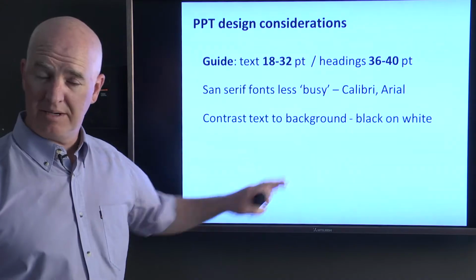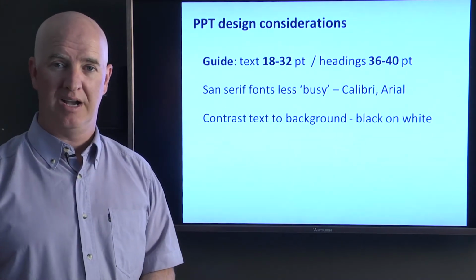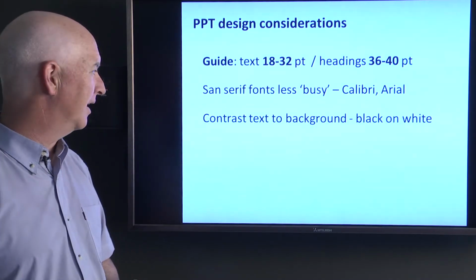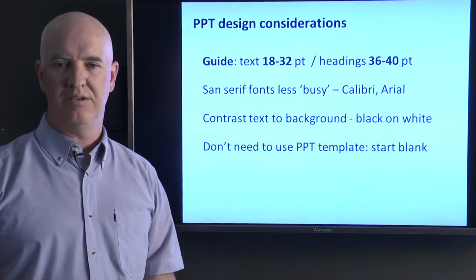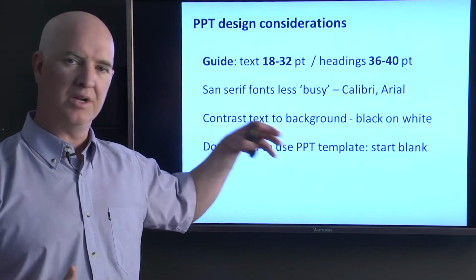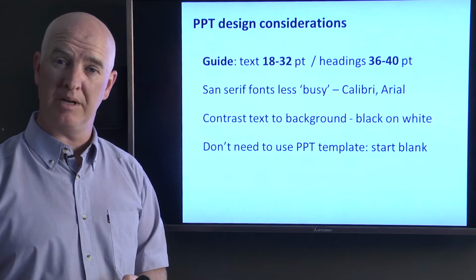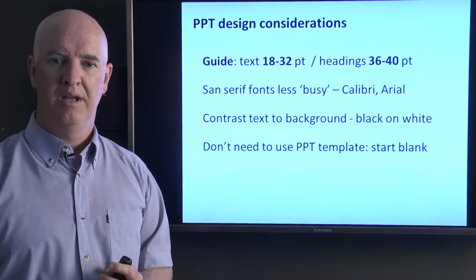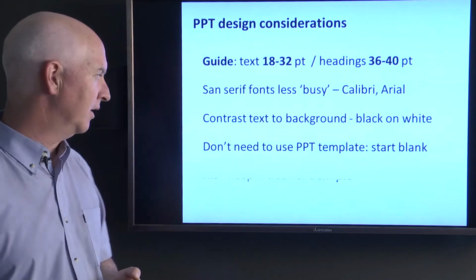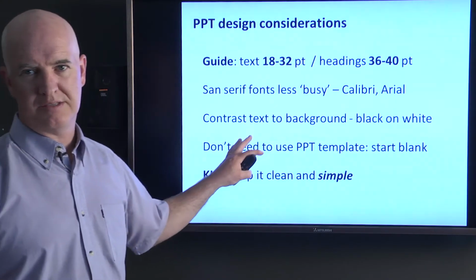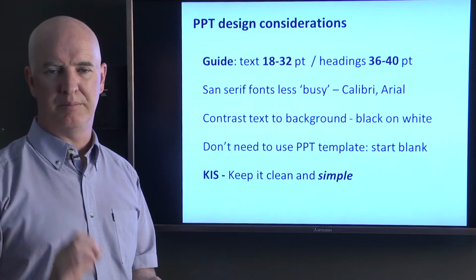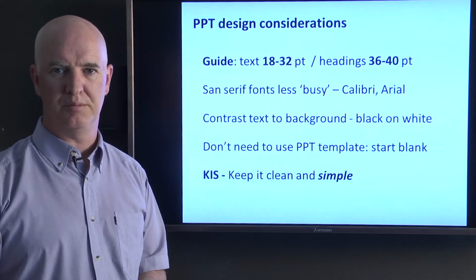I find black on white is simple, but it's very effective and probably the best. You don't need to use the PowerPoint templates. I don't, I just start blank. Wipe the template, start blank. If you have to use a departmental template, that's one thing. If you don't, you can consider generating your own. But my advice on these slides, keep it simple. Clean and simple is best.